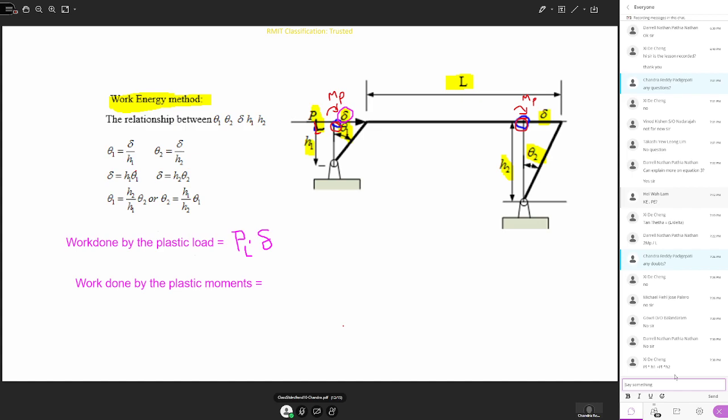So you can write it as plastic moment MP into theta1 plus plastic moment MP into theta2, because there are two plastic moments developed and the angular displacements are different.